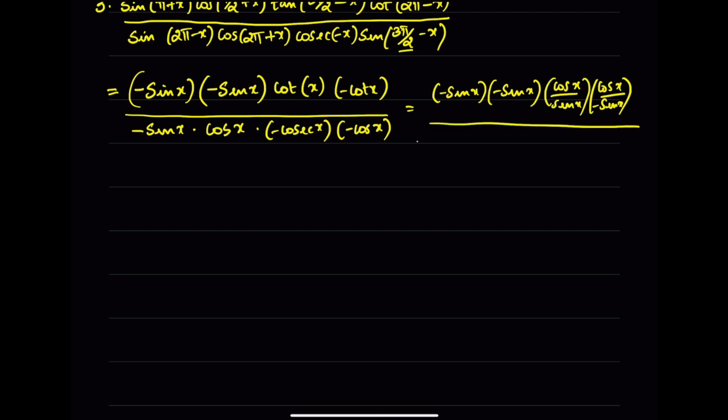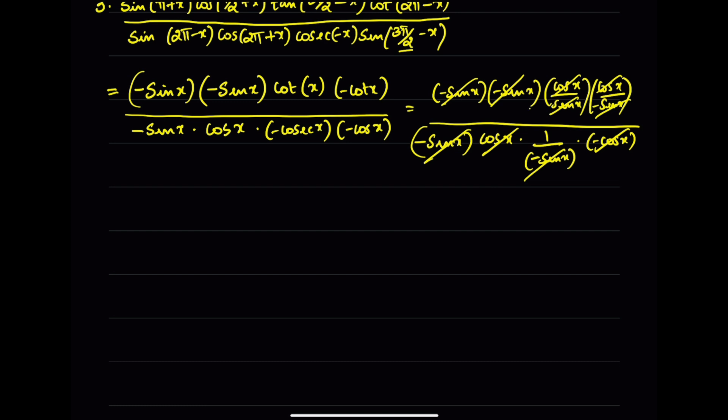Then in the denominator, this will be minus sine x times cos x times 1 by minus sine x times minus cos x. So in the numerator, the sine x can be cancelled, and in the denominator and the numerator, cos x can be cancelled, and the sine x can be cancelled in the denominator.